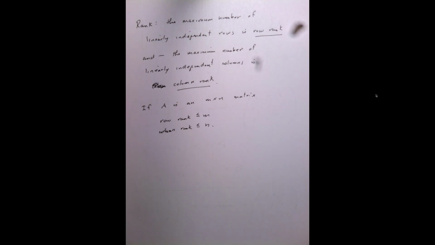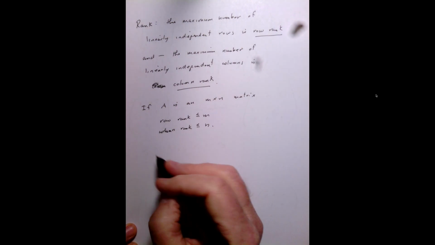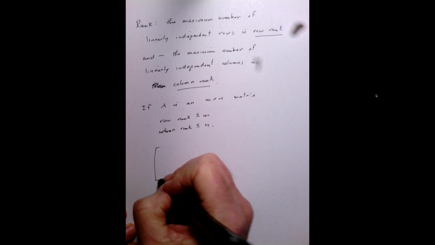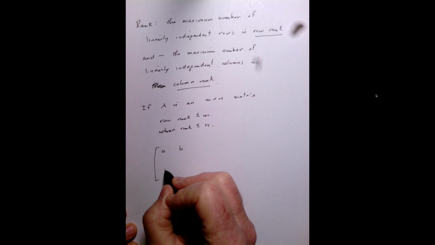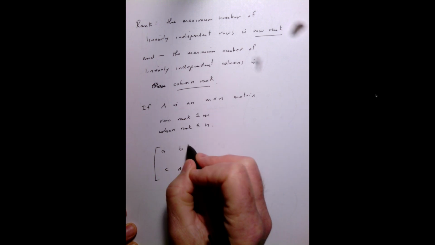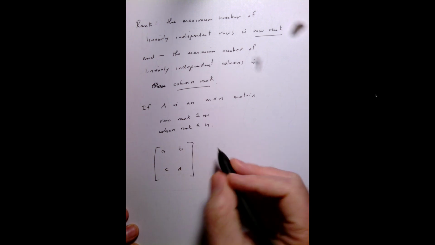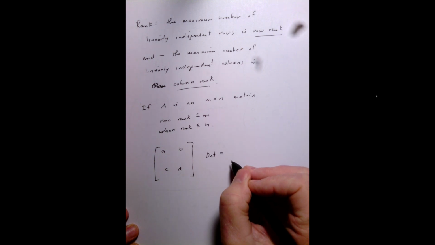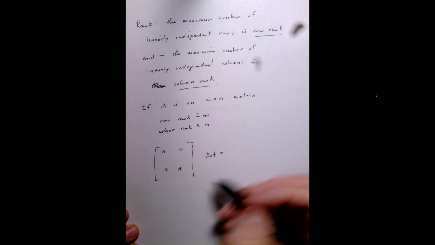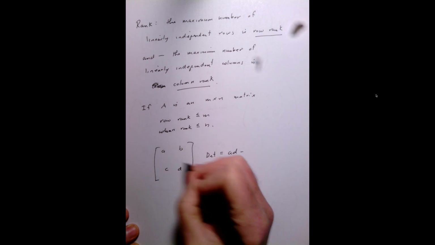And an easy way to check this is to take a look at just a matrix. Let's just say A, B, C, D. And we know from previous classes, hopefully, that the determinant is just taking, of course, the product minus the product.